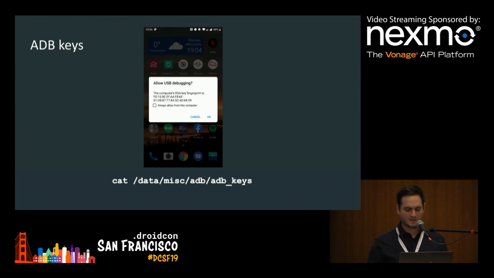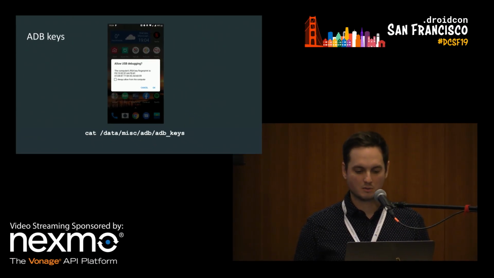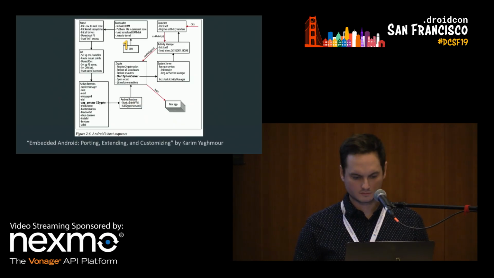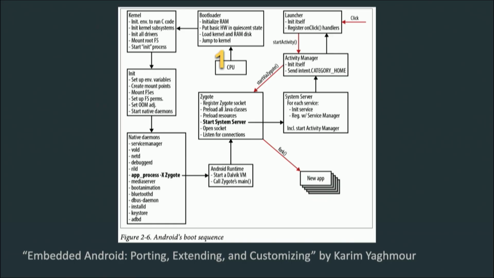And if we say yes, then the debug key is saved in the given path, and therefore the device no longer asks for it. Now, ADB plays a very important role in application development and system development, and it is part of the init process of Android.